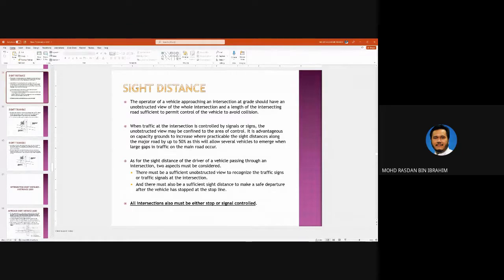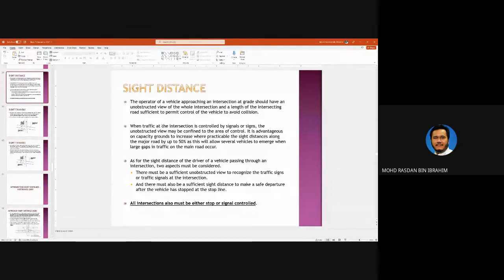Meaning that all intersections should be clear, especially for vehicle on the minor road, because they are the one that is going to be turning into the major road. And for the major road, the space should be clear so that they will be able to see the coming vehicle from the minor road.